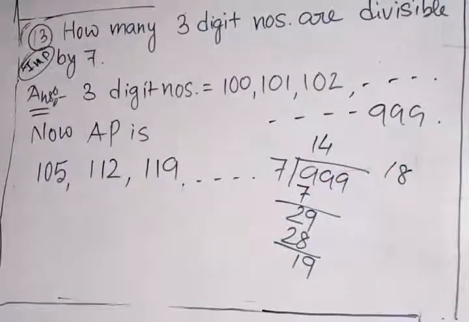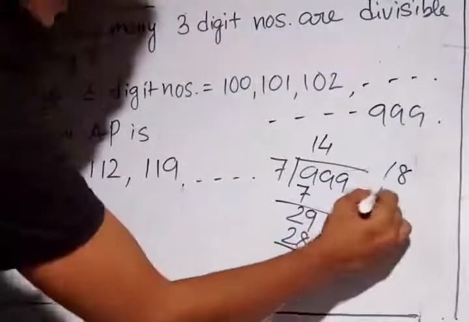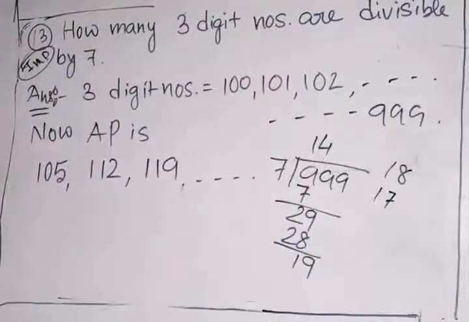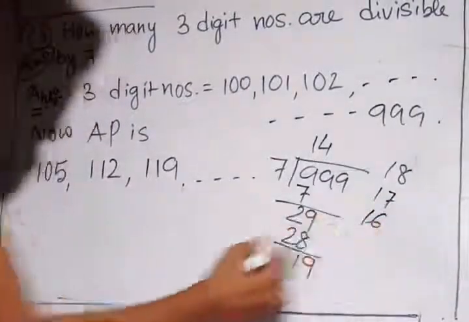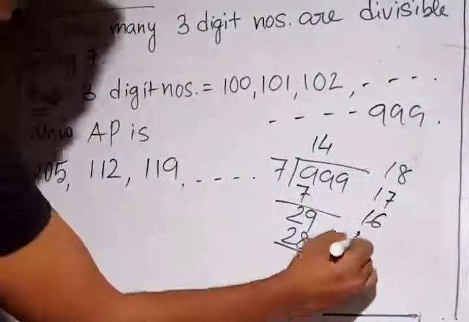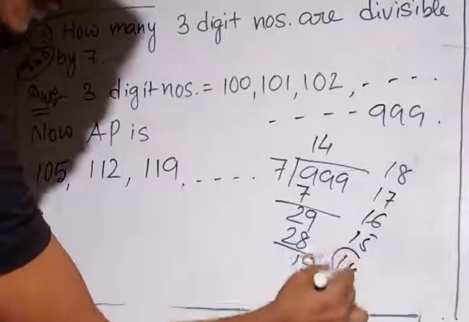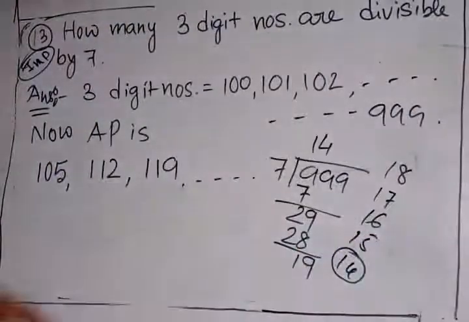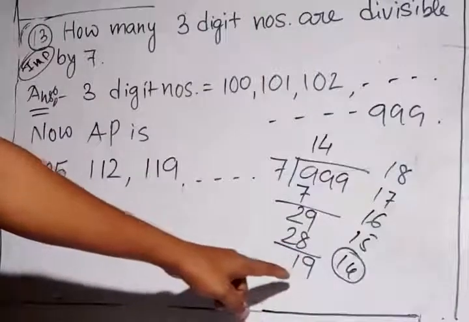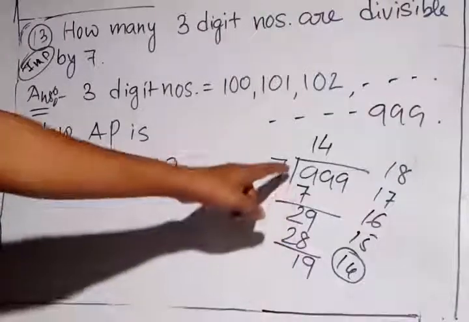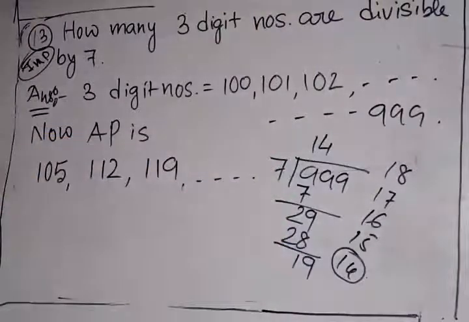No, it is not divisible. 17 is divisible by 7 or not? It is also not divisible. 16 not divisible, 15 not divisible, 14 divisible. That means if it is 14, then it would be divisible by 7.